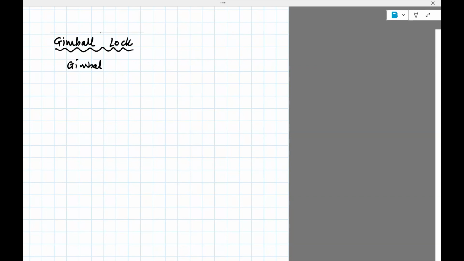Okay, so the definition of a gimbal lock is that gimbal lock is the loss of a degree of freedom.